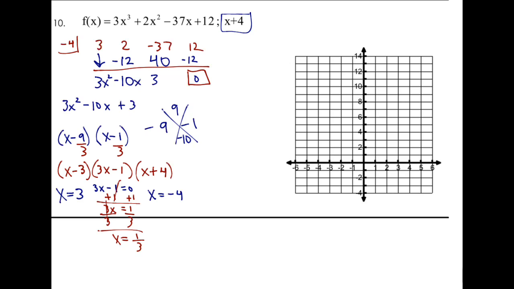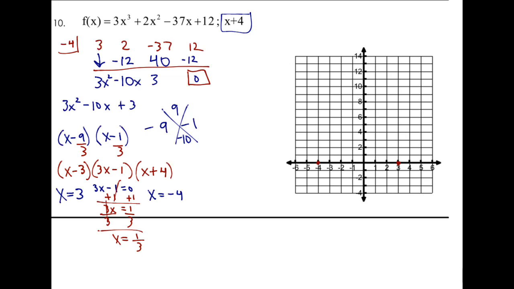We have 3 of them, which makes sense because we have a highest exponent of 3 there. So the first one, easy to plot. We have a 3. Then we have a -4. And then we have a +1/3. Again, if you don't know what that is, you just go in your calculator, type a 1/3, toggle it, and that'll give you a .33.